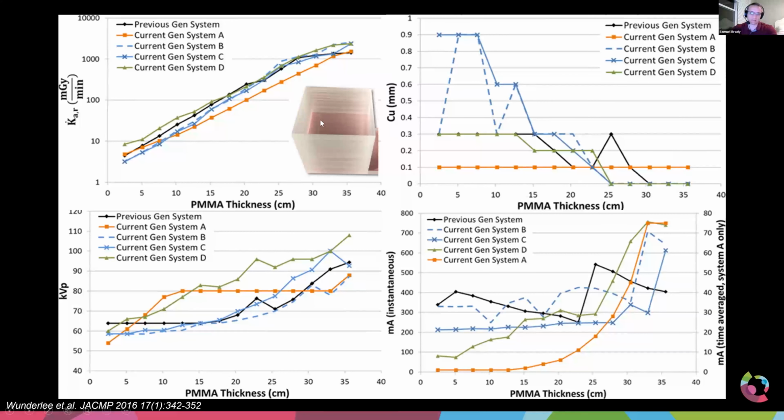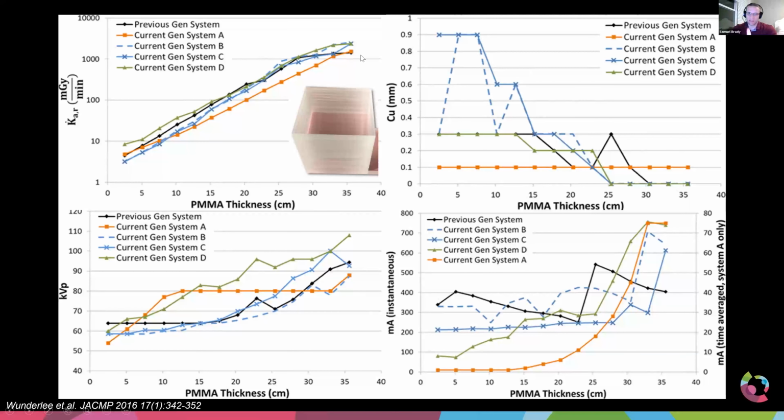Now, look at these. There are a couple of different vendors presented here, and the different ways that they change their amount of filtration, amount of kV, and amount of mA in the image. No matter how they make all of these changes based on patient thickness, look at the output. The air kerma per minute, so the dose rate, is pretty consistent over patient thickness.